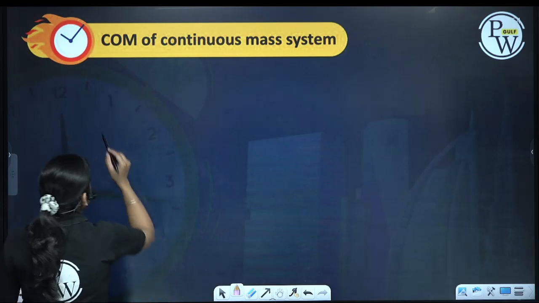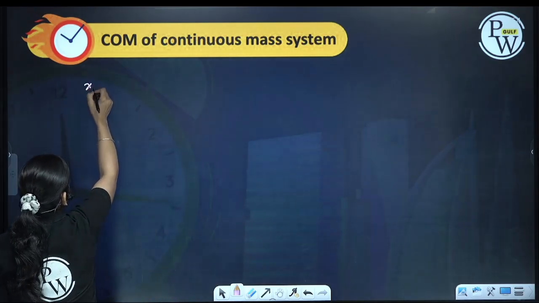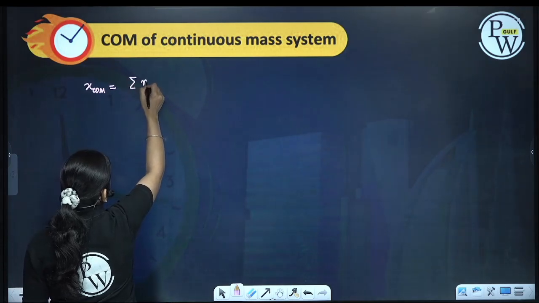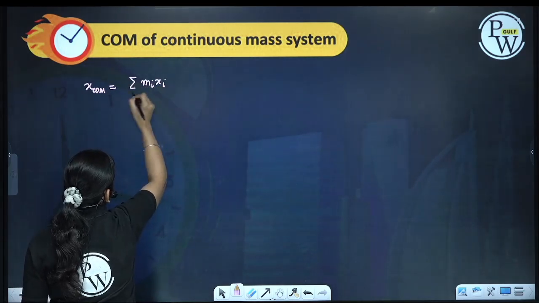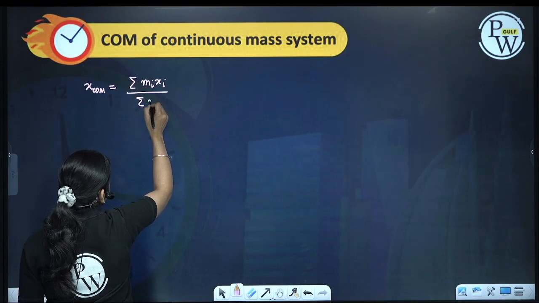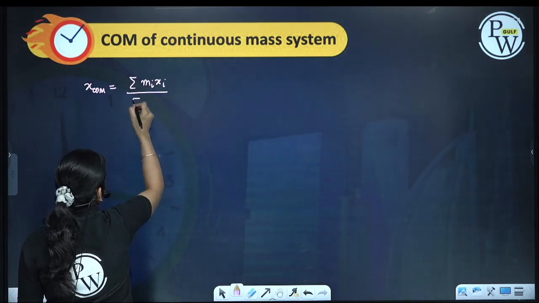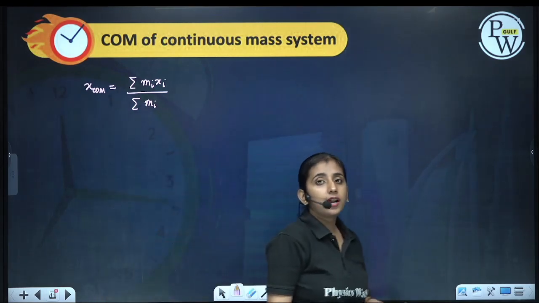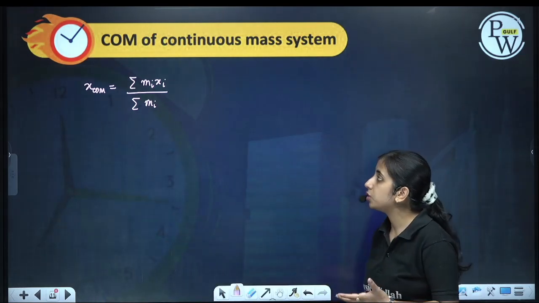In a discrete system, x_COM is equal to summation mi xi divided by summation mi.